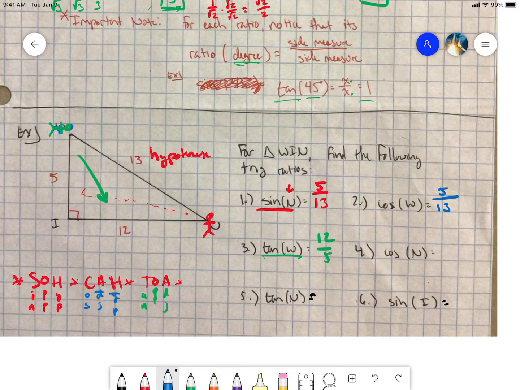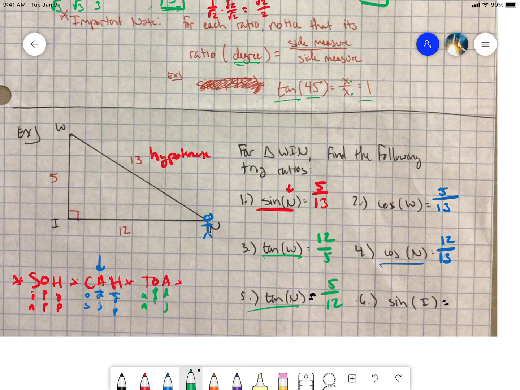All right. Now let's look at cosine of n. I'm going to erase all this stuff here. So now I'm standing at n, looking in. What's cosine of n? Remember what cosine is. 12/13. Perfect. Fantastic. What about tangent of n? 5/12.